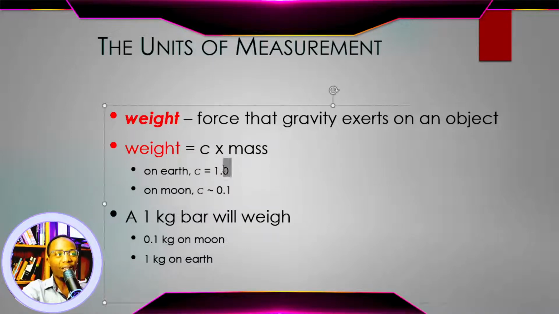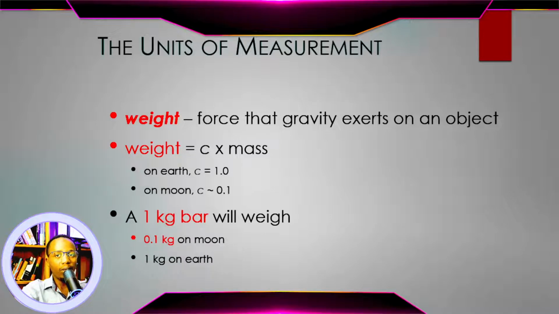On Earth, the gravity factor is 1, so weight and mass are the same on Earth, but it's not the same on the moon. On the moon, a 1 kilogram bar will weigh 0.1 kilogram.